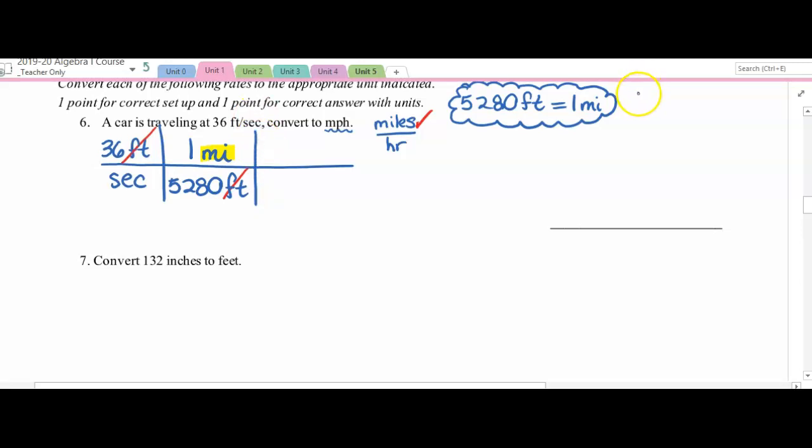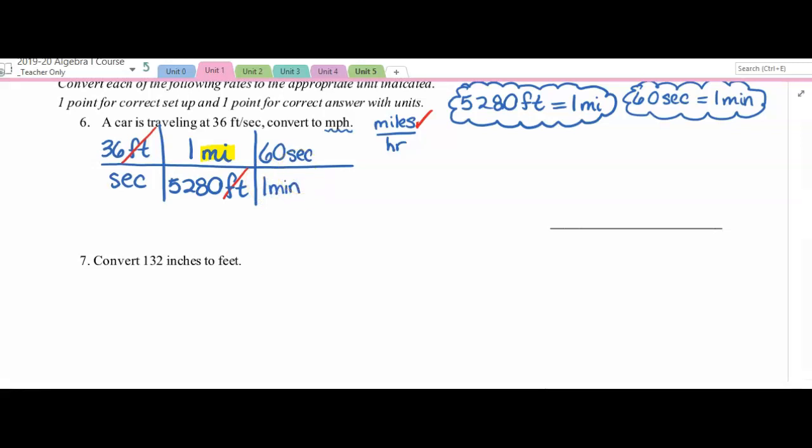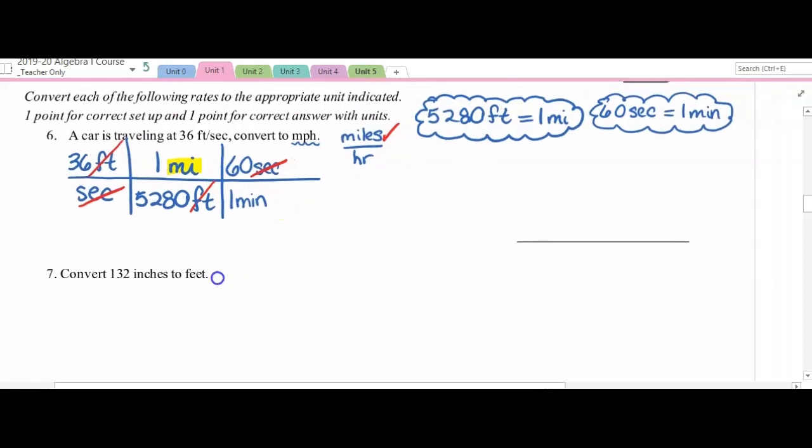Well, we know that there are 60 seconds in 1 minute. So that's a start. And again, if I want the seconds to cancel, I need to put seconds on top. 60 seconds in 1 minute. The seconds cancel, but minute isn't my goal. Hours is my goal.